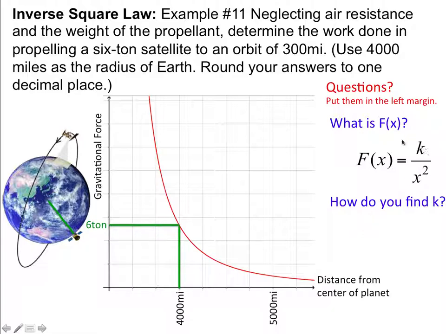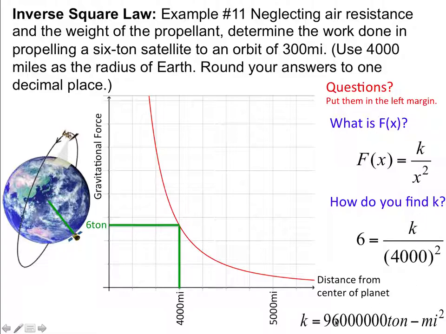So if we put that into our inverse square relationship, 6 tons equals K over 4,000 squared. On the Earth's surface, a distance of 4,000 miles from the center of the Earth, our gravitational constant K is 96 million ton-miles squared. So that's our K, and now we're going to use that to take this satellite from the Earth's surface up to an orbit of 300 miles.